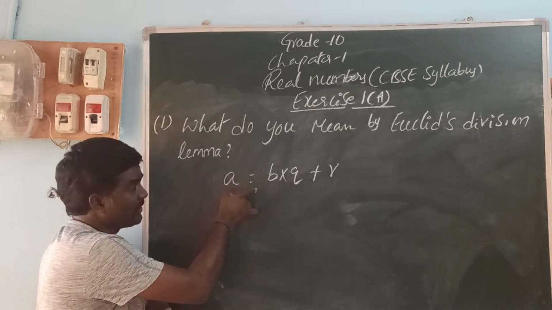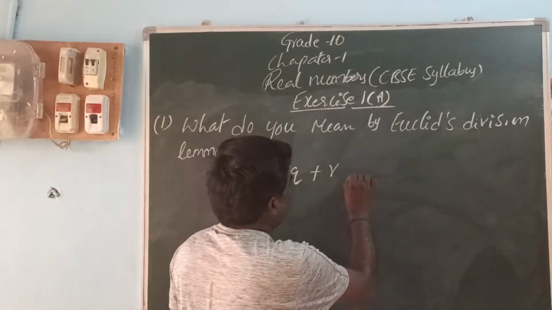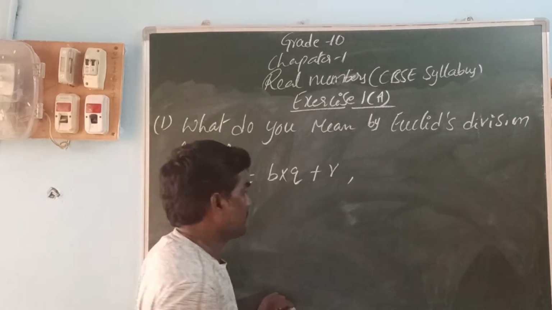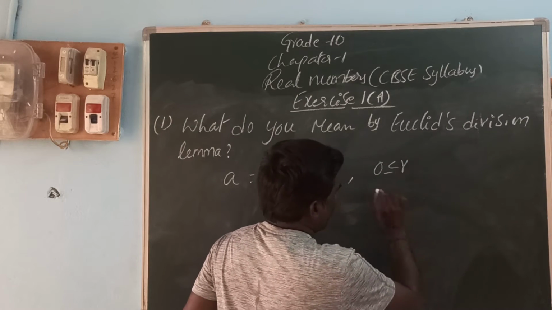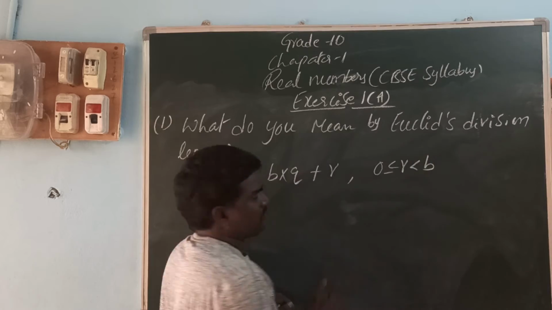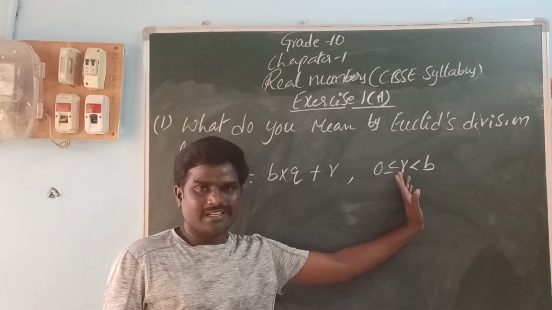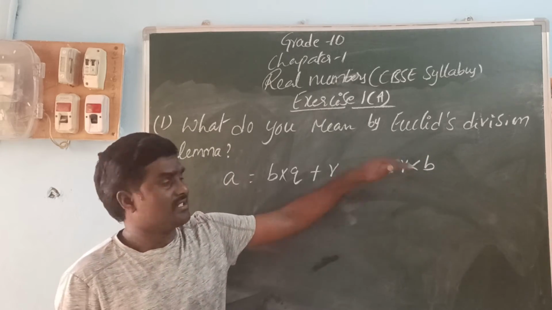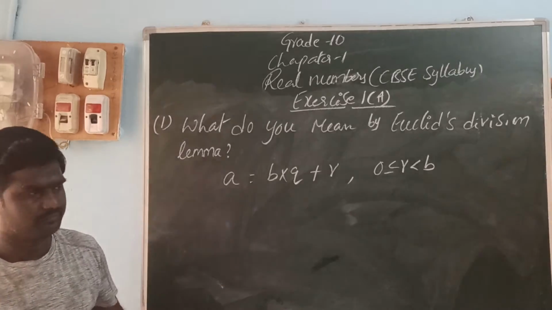The remainder value is greater than or equal to 0 and less than the divisor. So that is 0 less than or equal to r, less than b. So the value of the remainder is always less than the divisor and greater than or equal to 0. This is the Euclid division lemma or Euclid division algorithm.